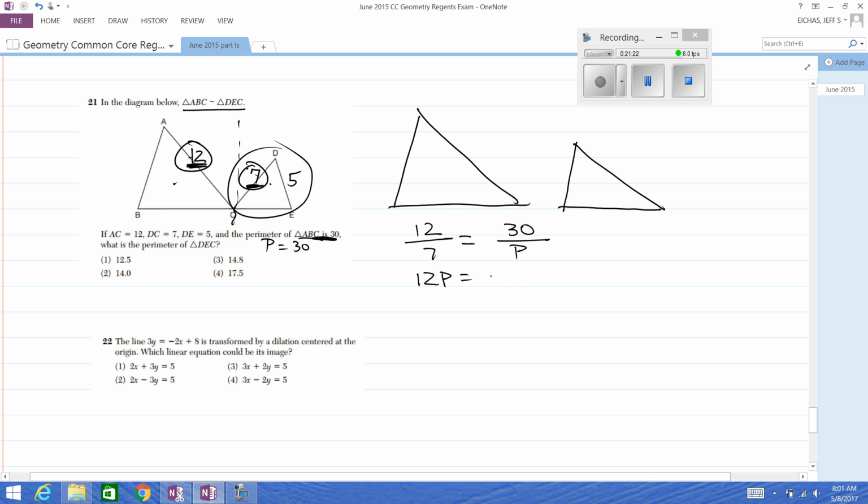So 12P equals 210. And real quick, we'll take a look at that in the calculator. 210 divided by 12. I'm coming up with 17.5. And so choice 4.